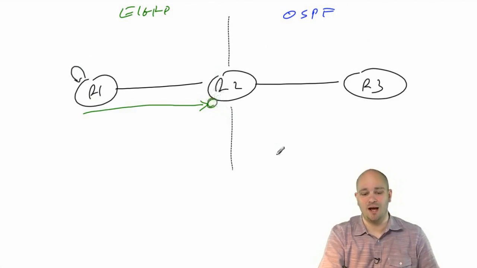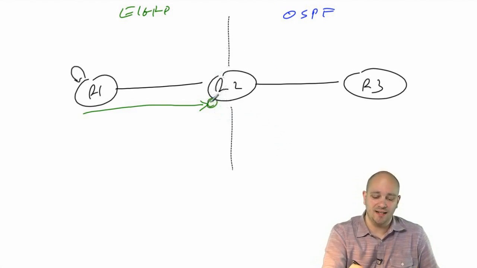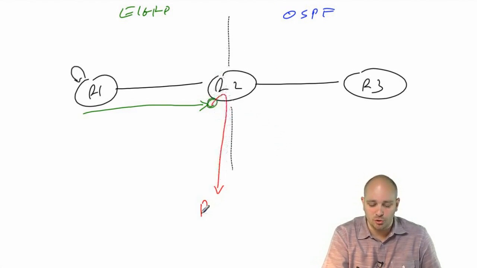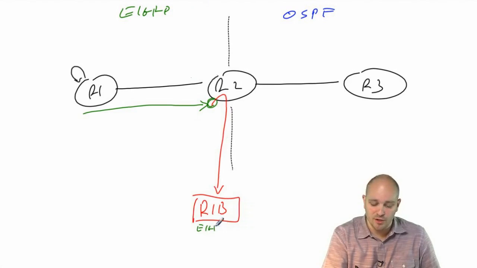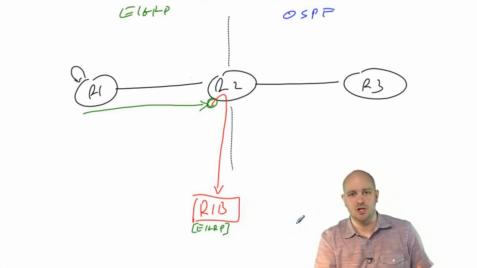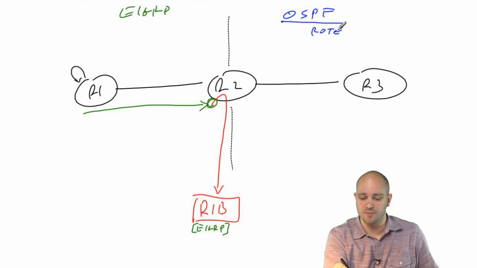R2 has these routes in the EIGRP topology table, and as the result of that, it is going to calculate the routing table and install these routes in the routing table. But here we are going to have trace information that these routes came from EIGRP.